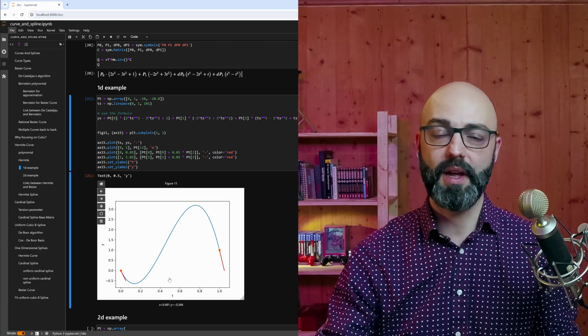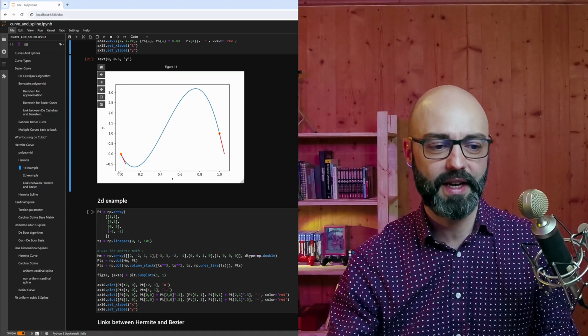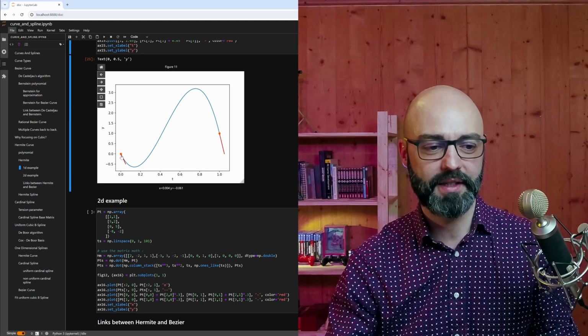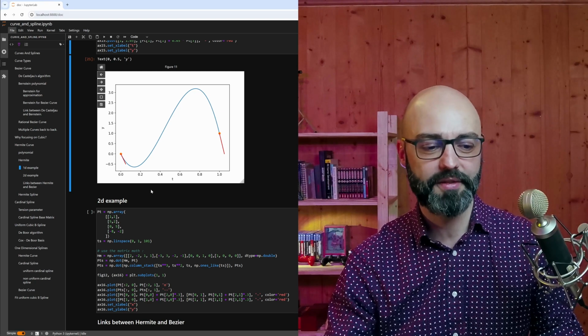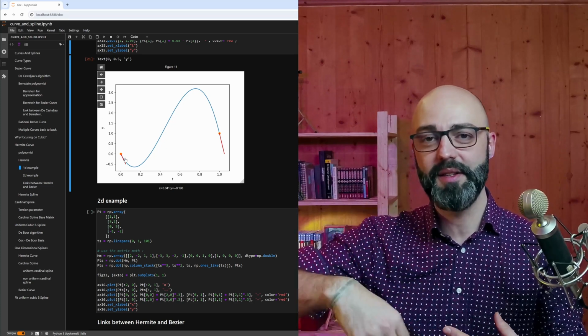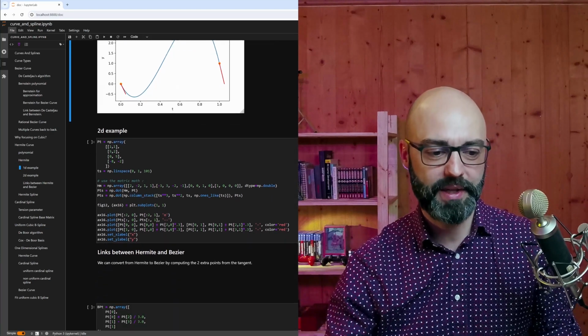And I can do the same for a 2D example. So instead of having a point that's just defined as t at the bottom and having a value for y, I can have an xy point, and then my t, my parameterized 0 to 1, will give me the curve the same way we did the Bezier curve.